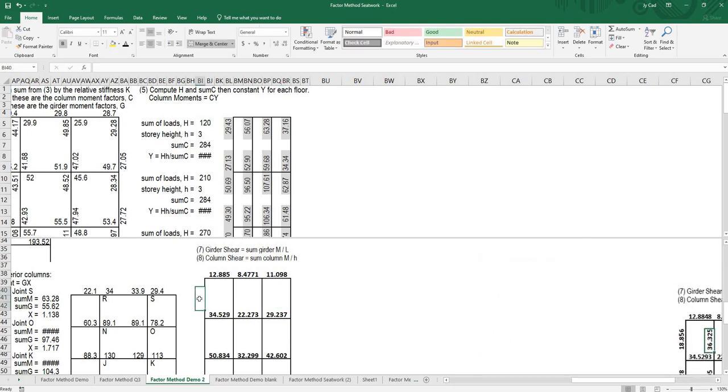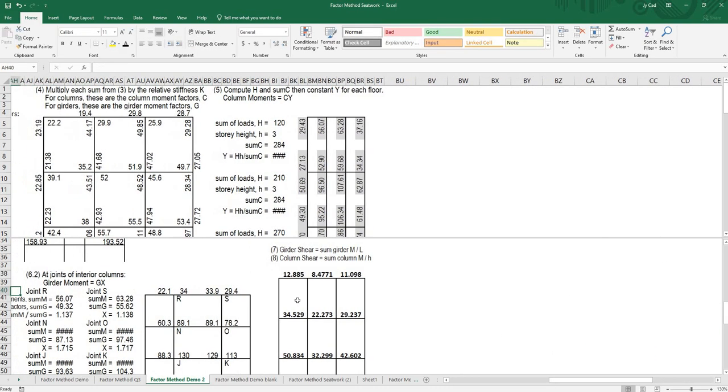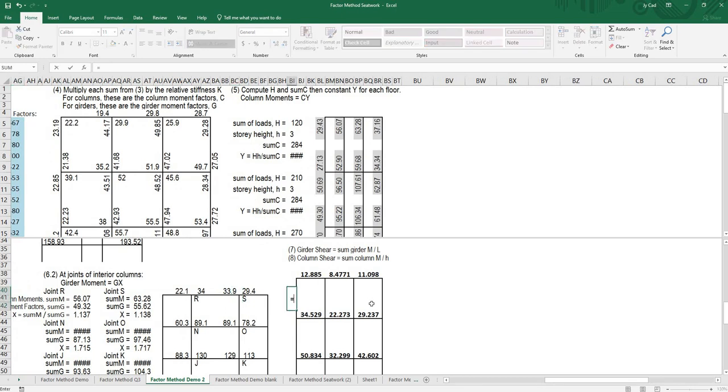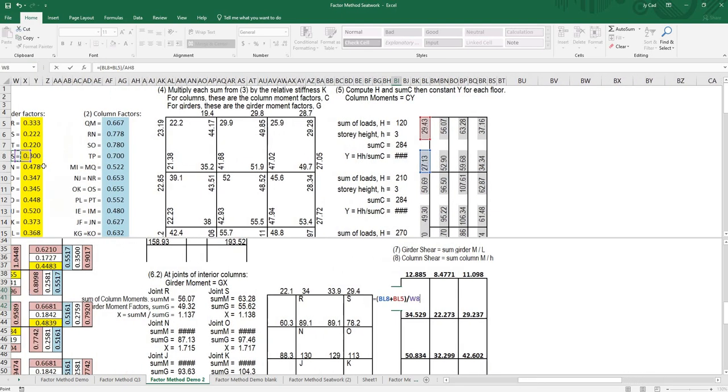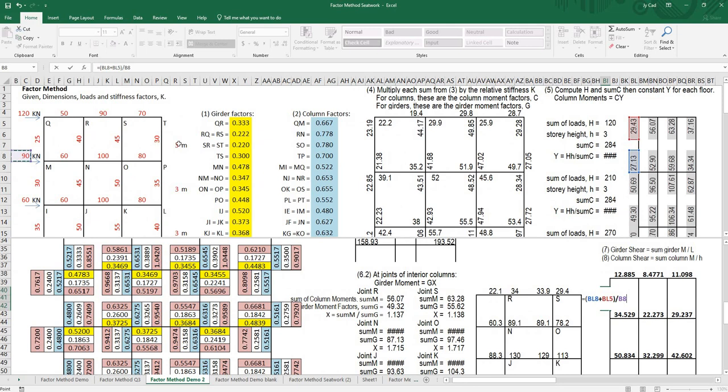This column is equal to, open parenthesis, summation moment 27.13 plus 29.43 divided by the column height na 3. Nandito yan sa input data. Yan.